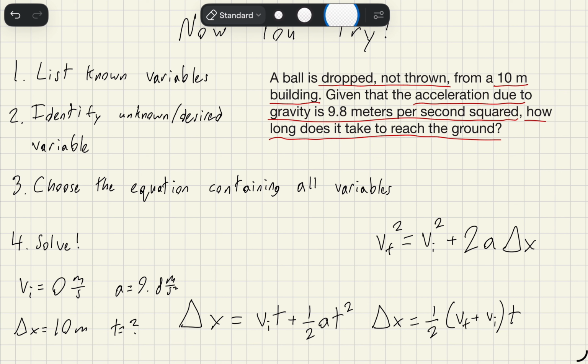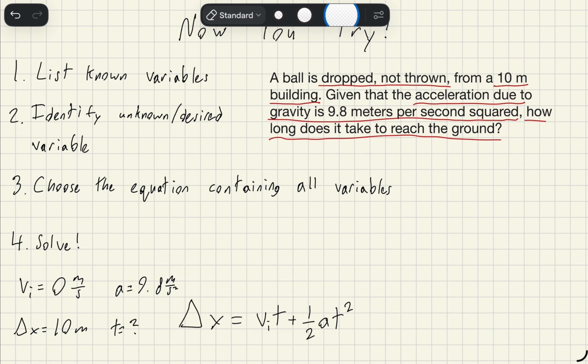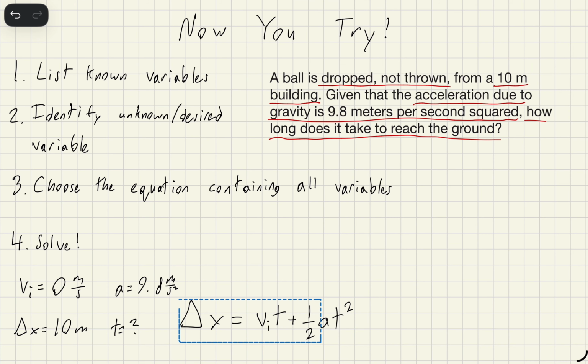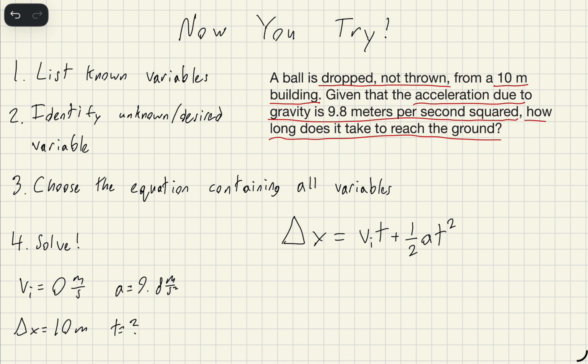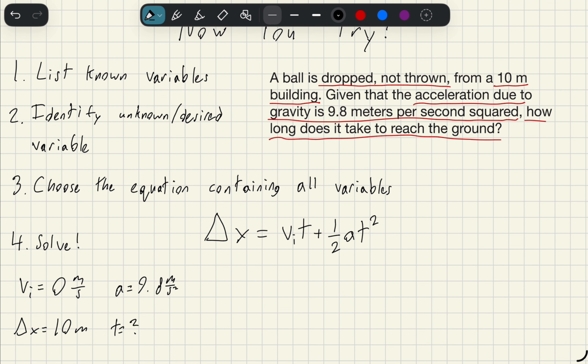Next one isn't it, also because we have final velocity, and the same with this one. And we're left with this equation as the only one that satisfies all of our needs. So all we need to do now is solve this equation for time.